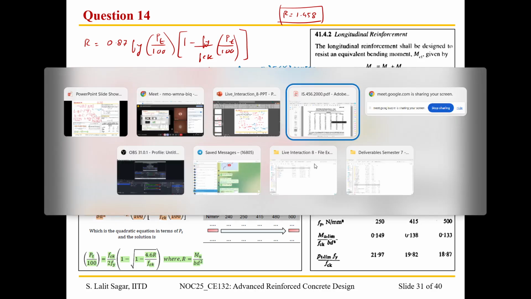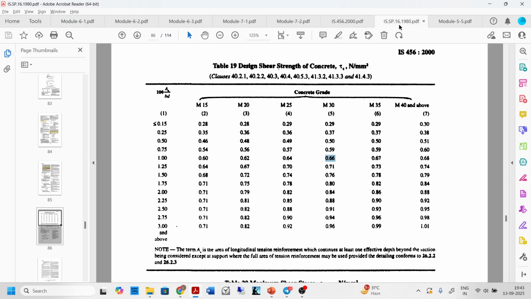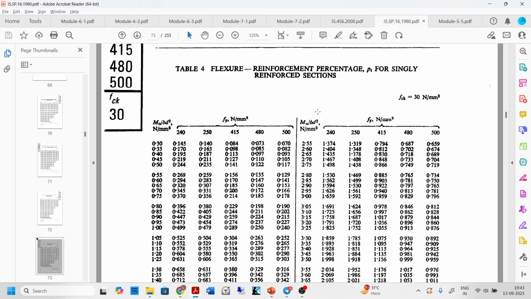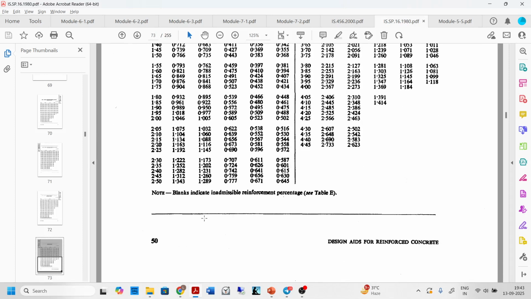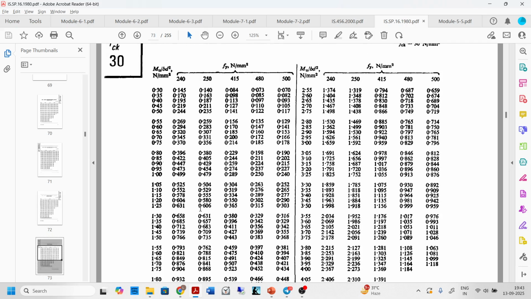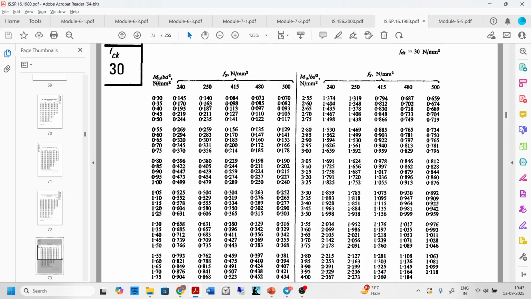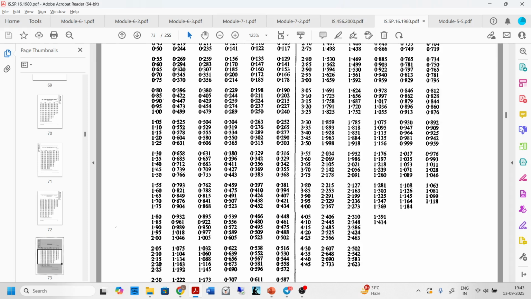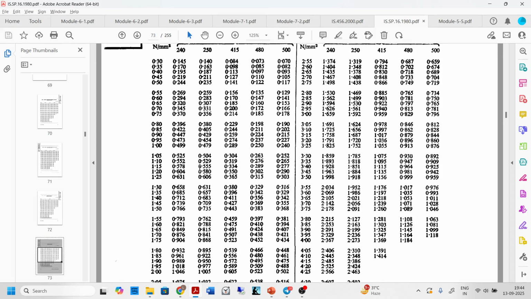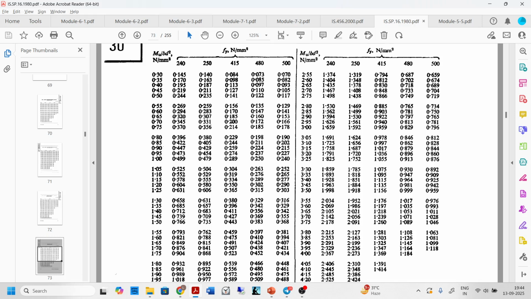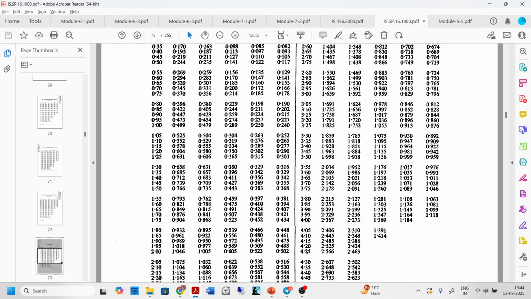There is an alternative way also of finding the Pt value, that is using SP16. Have a look at this page 50. Please make a note, page 50 of SP16. You can find out the value of Mu by bd square. We have Mu by bd square as 1.458, corresponding to Fy of 500.